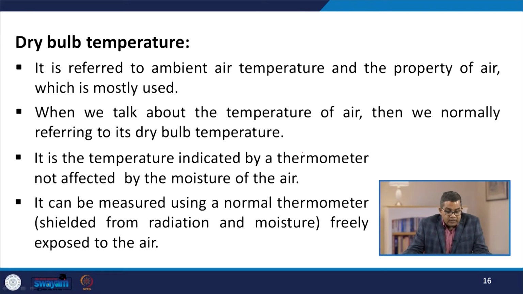Another important thing is the dry bulb temperature. It refers to the ambient air temperature and is the property of air which is most commonly used. When we talk about the temperature of air, we normally refer to its dry bulb temperature. It is the temperature indicated by a thermometer not affected by the moisture of the air.